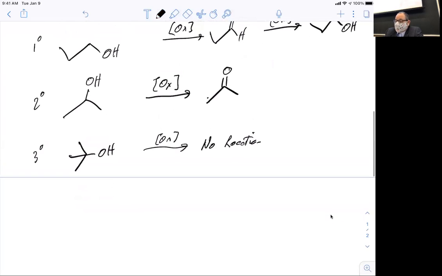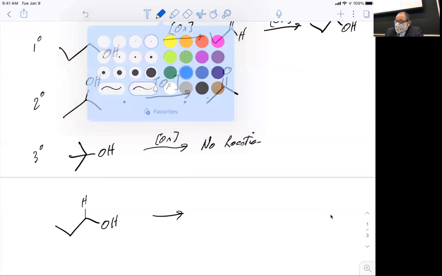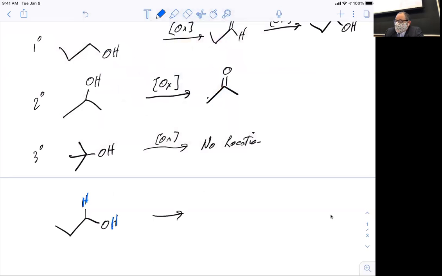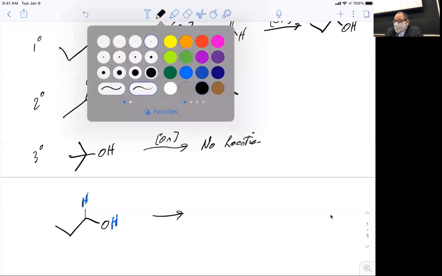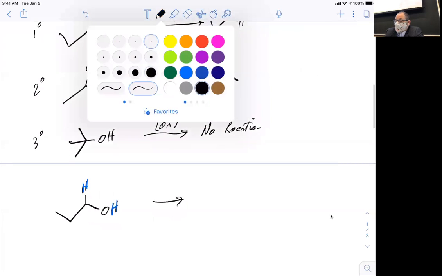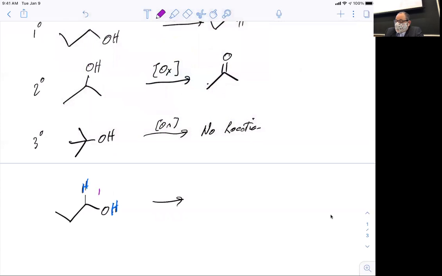And the reason for that is most of our oxidations are going to be the loss of really two hydrogens. And if we think about this, it is not a beta, but this is an alpha hydrogen, right? Exactly where it's attached. And we have that in this case, right?